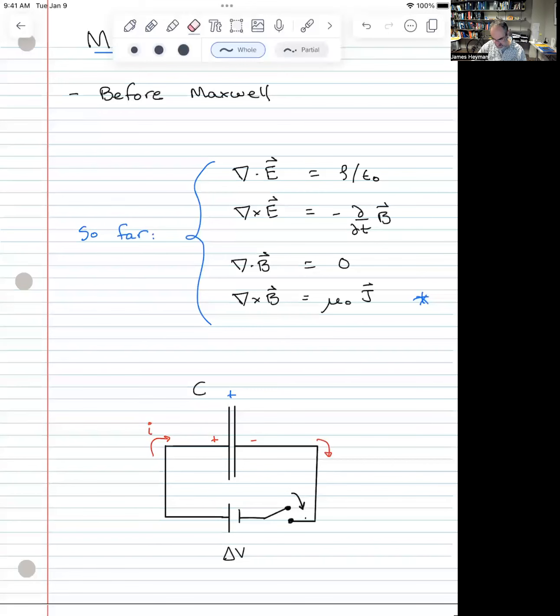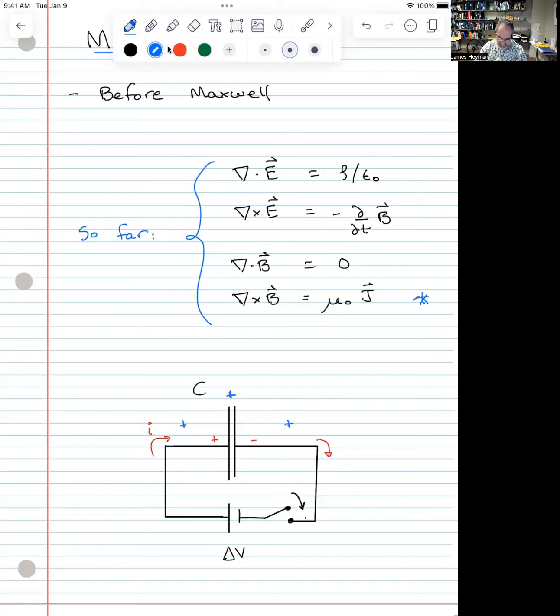Well, in that period, we have a current flowing through the wires, and we have charge building up on the capacitor. And the question I'm going to ask is, what's the magnetic field around the wires? Here. For example, what's the magnetic field right here, or right here, or right here, above the point between the capacitor plates?